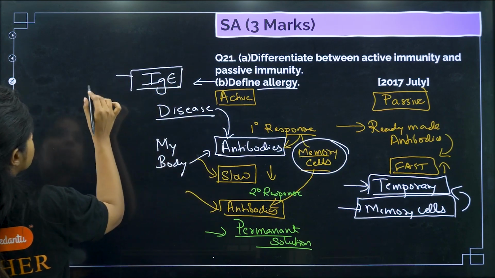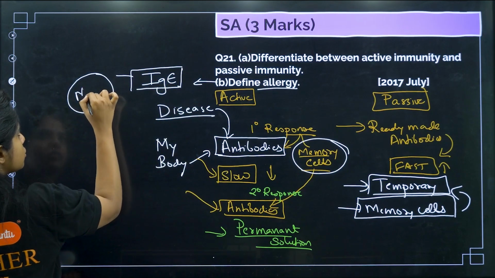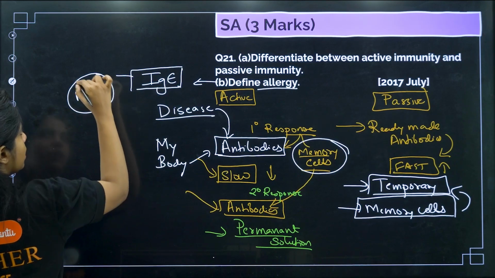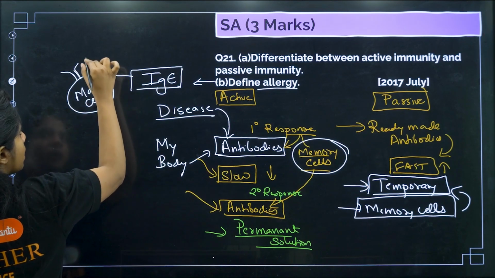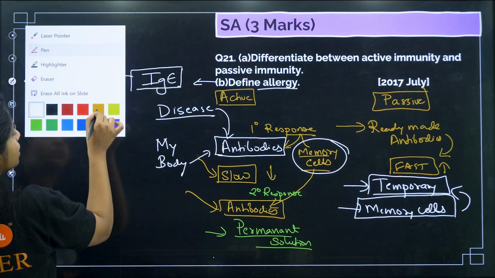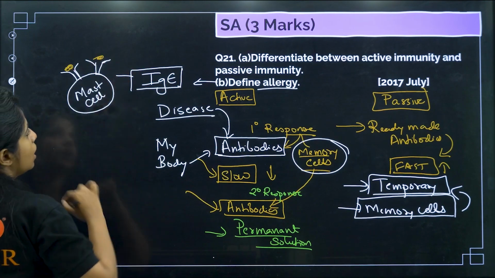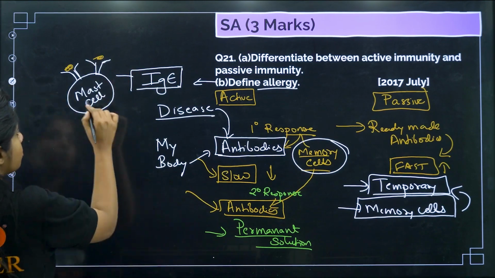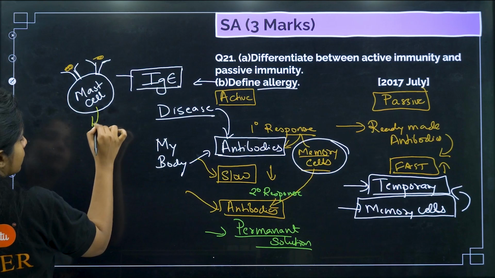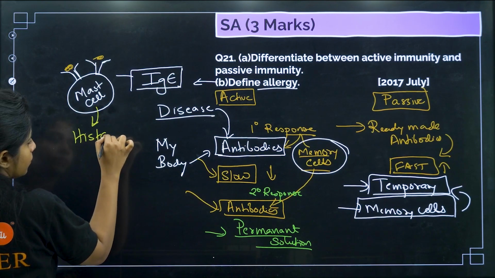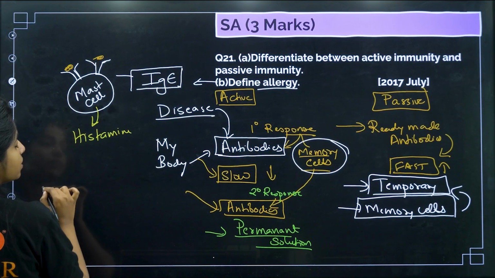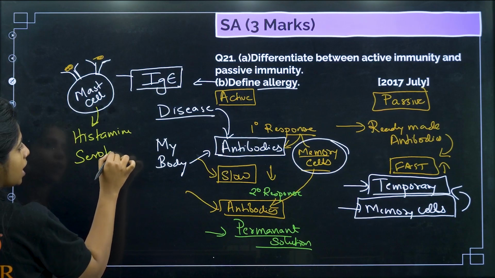IgE goes and binds on mast cells. What cells, children? Mast cells. When IgE binds on mast cells, and now on this IgE a certain antigen comes and binds, for example dust and things like that, your mast cell will be releasing histamine, serotonin and things like that.